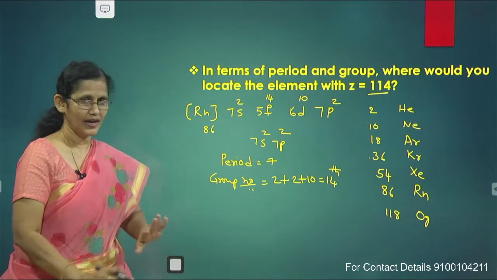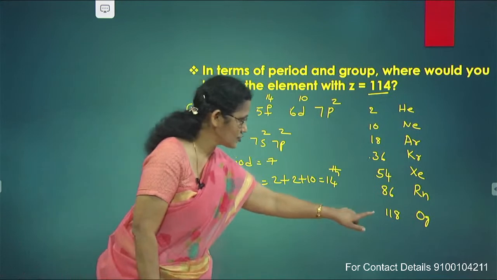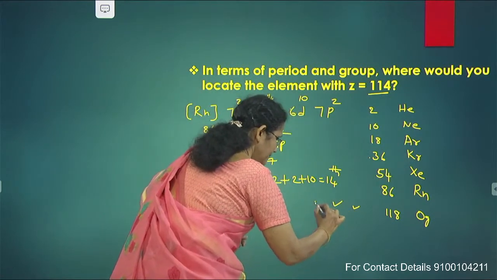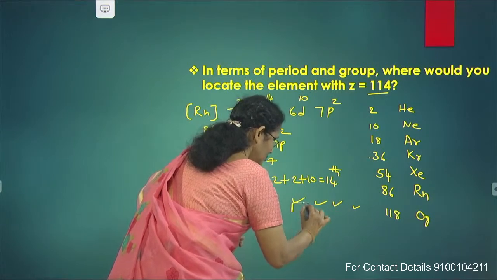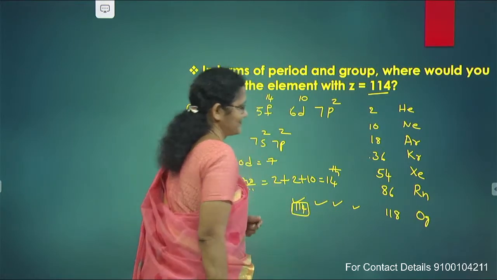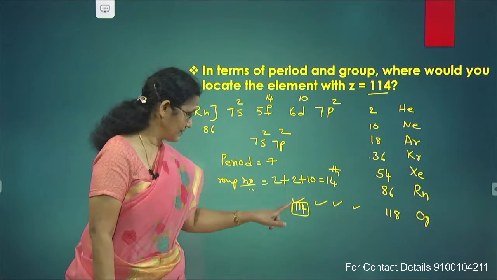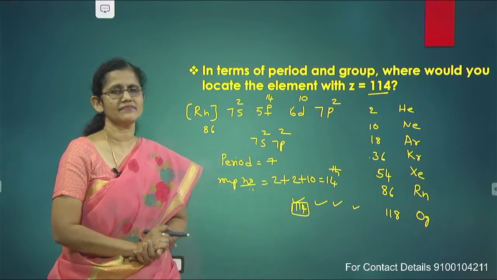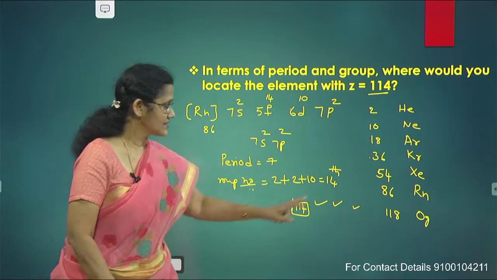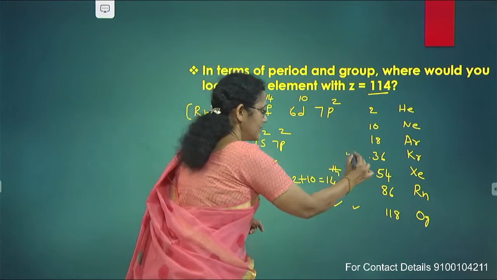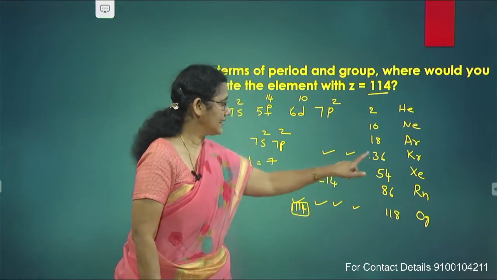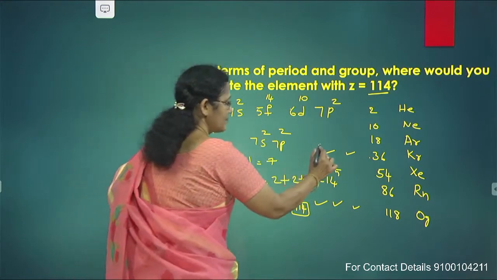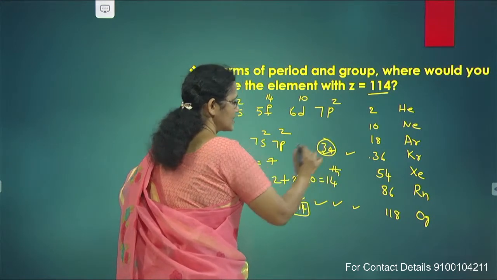I am taking it like this: 118 is noble gas, 117, 116, 115, 114. 118 is 18th group, 114 should be 14th group. Suppose he says where is 34: 36 is noble gas, 35, 34; 18th group, 17th group, 16th group. So, element 34 should be in 16th group.